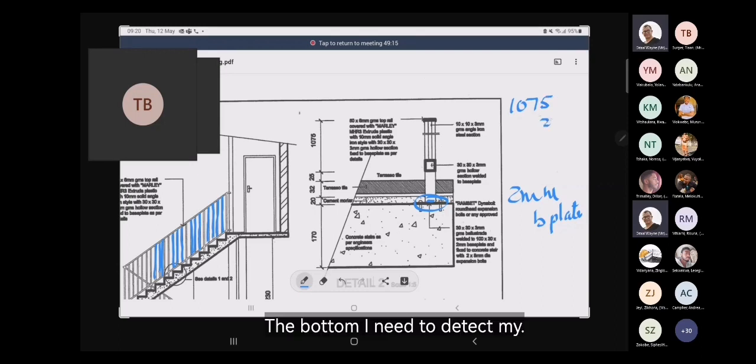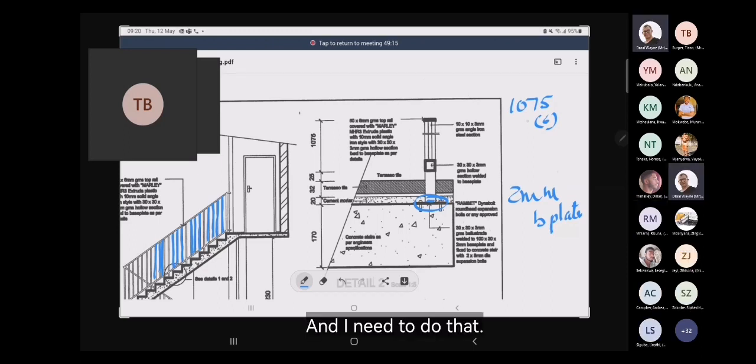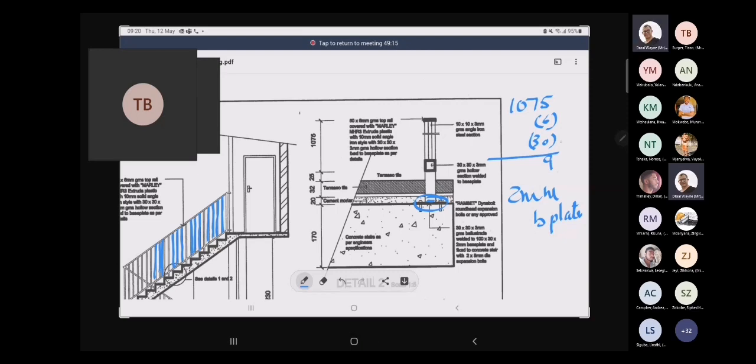At the top I need to deduct my rail, and I need to deduct my 30 millimeter bottom rail, slope raking bottom rail as well. So that is 5 minus 6 gives me 9. 6 minus 3 gives me 3.